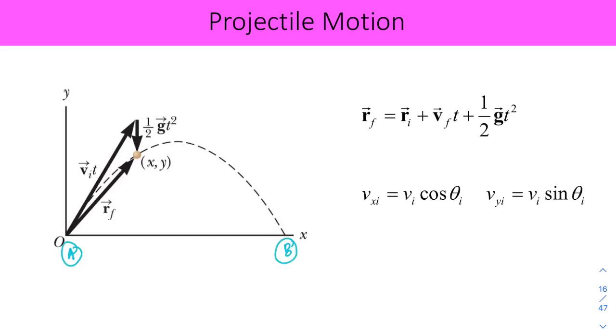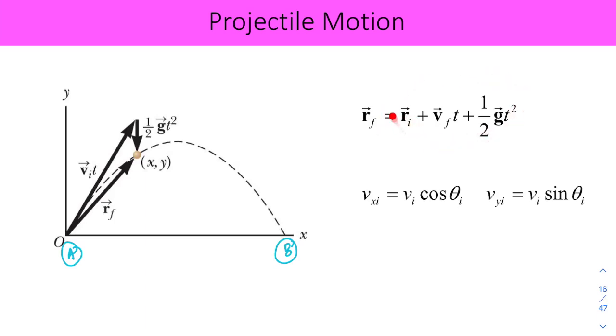So at any instant, at this position perhaps, for example, the position vector r final is equivalent to r initial plus v t plus half a t squared. However, the a that we have here is only along y, which is the g, right? And then the v consists of two things, x and y components. The r also has two things to be considered.